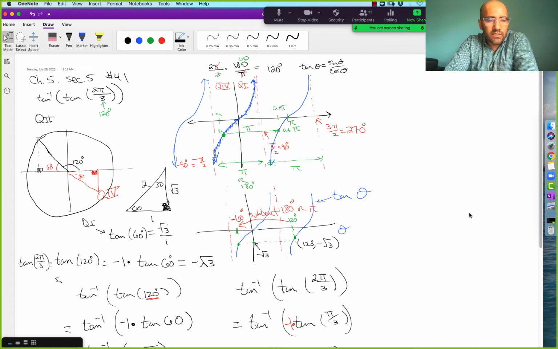There are really subtle things happening, and it's kind of hard to see that. In the beginning of this section, we were doing things that were really straightforward, like sine inverse of sine of 30 degrees.